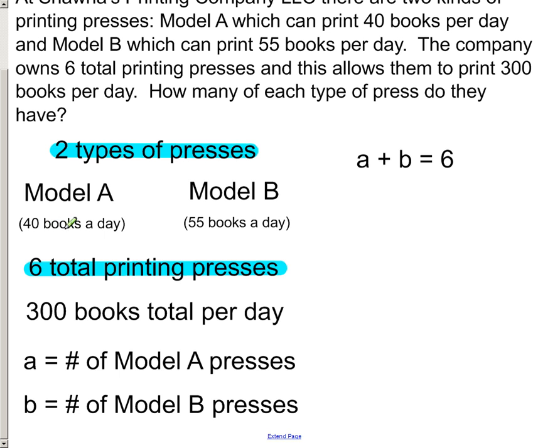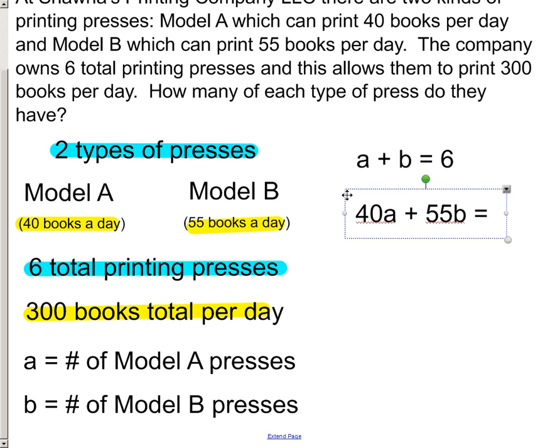So, I've used these 2 pieces of information here. And then, strangely enough, I see I've got 40 books, 55 books. See how it's all books, and then 300 books? Well, let's see what we can do with that. 40 books for each Model A, 55 books for each Model B. Well, I could just write it as 40A plus 55B would equal how many books in a day? 300.